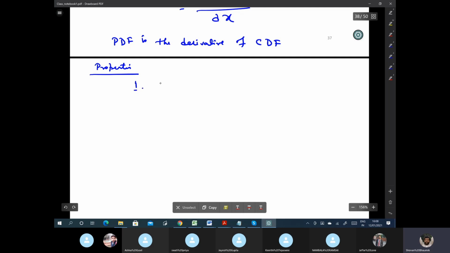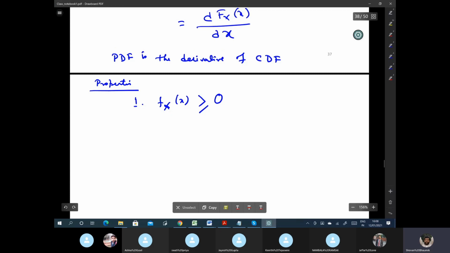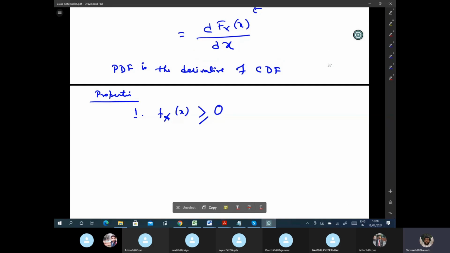For example, f_X of small x will always be greater than or equal to 0. How is it coming? We said that the CDF is a monotonically non-decreasing function. So if it is a monotonically increasing function, the slope is always more and more, so f_X will be greater than 0.